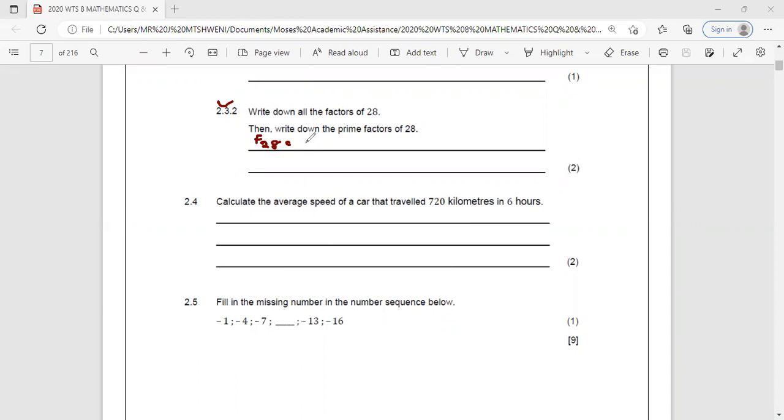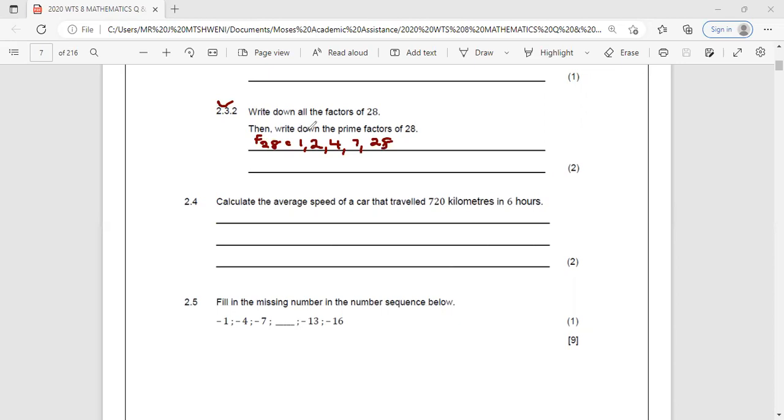The first one is 1. The second one is 2, then 4, 7, and 28. Those are the factors of 28.